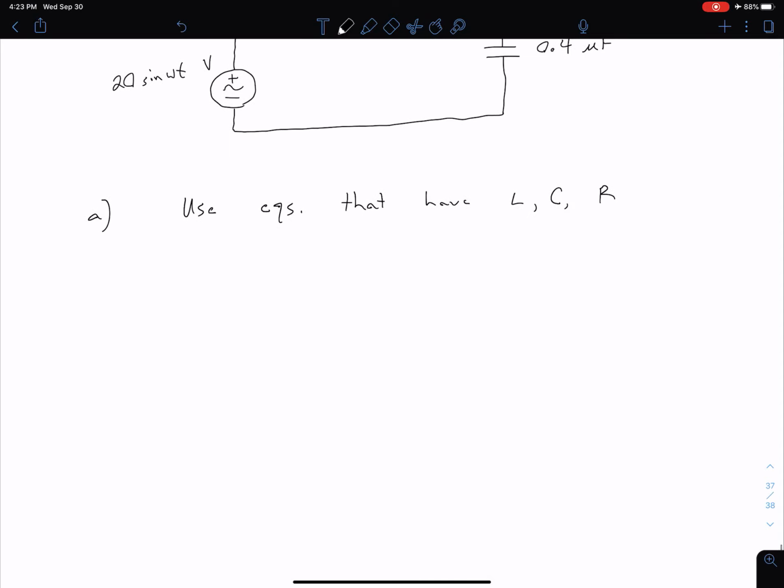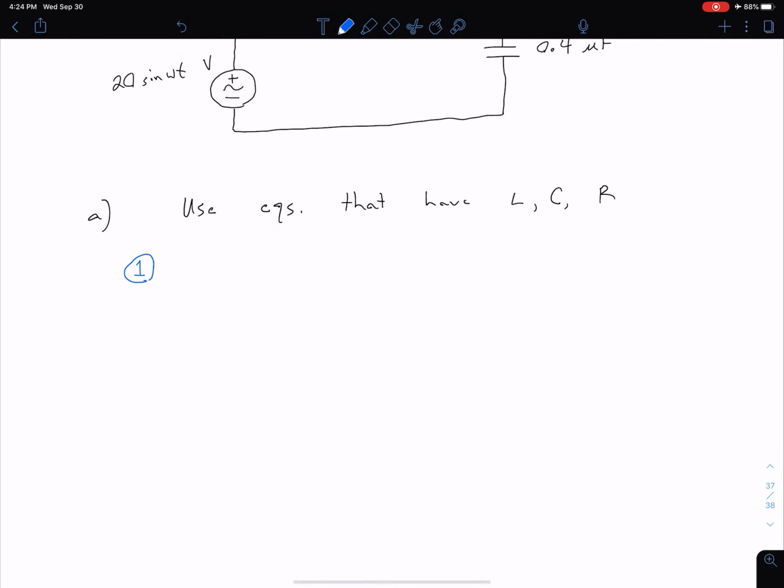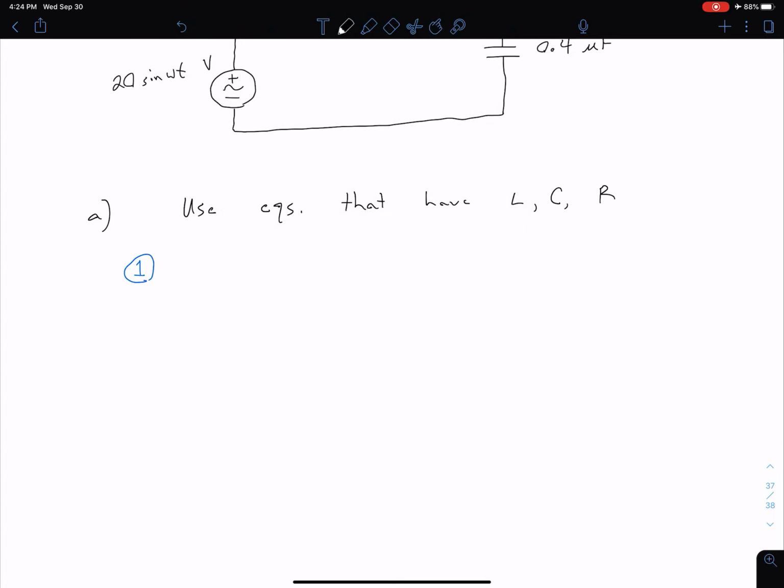So let's start by using equation 1 to find our resonant frequency. From equation 1, we know that our resonant frequency is equal to 1 divided by the square root of LC.